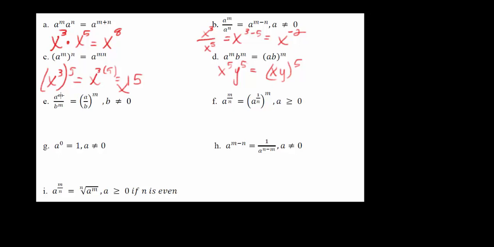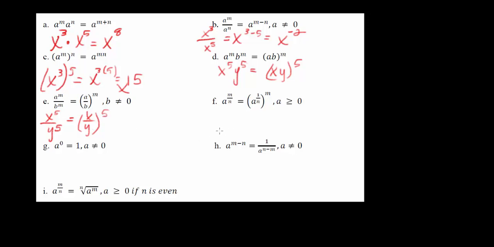And the same thing with our division here. If you have a base to a power and a different base to that same power, just like x to the fifth, y to the fifth, different bases, but write them down and just raise that whole thing to the fifth power.